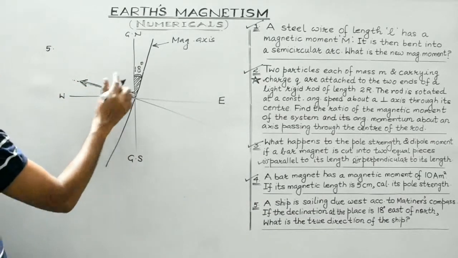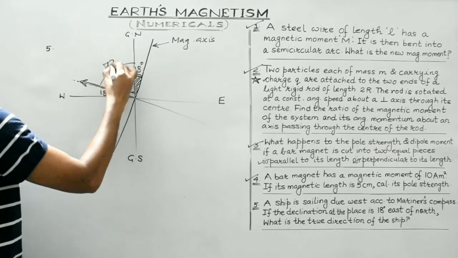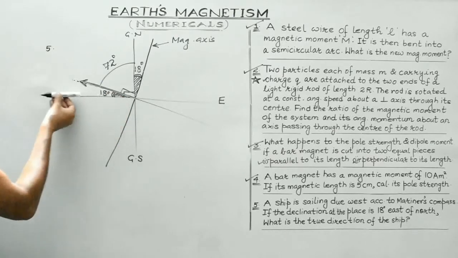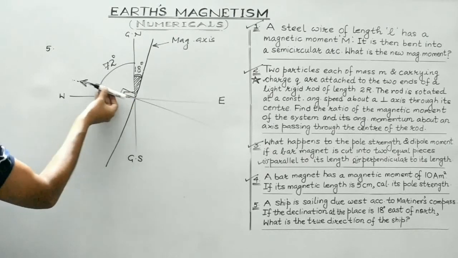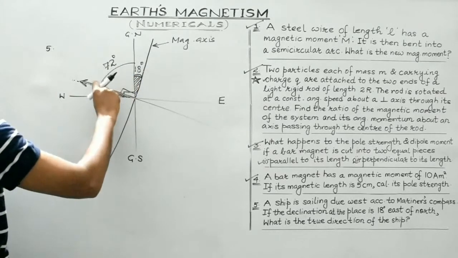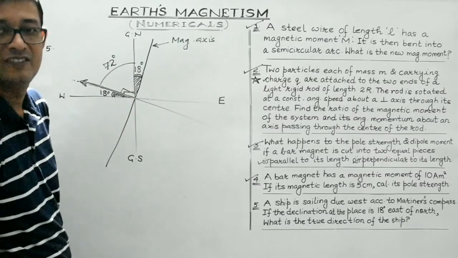So if this is 18 degrees, this remaining angle would obviously be 72 degrees. So the ship, instead of going actually along the west direction, is moving along this direction. So this direction is 72 degrees west of north. Clear?